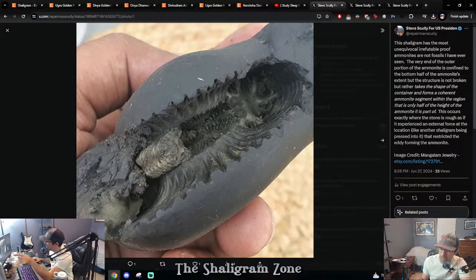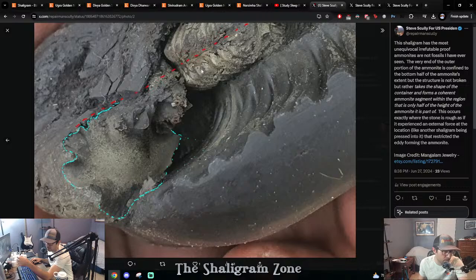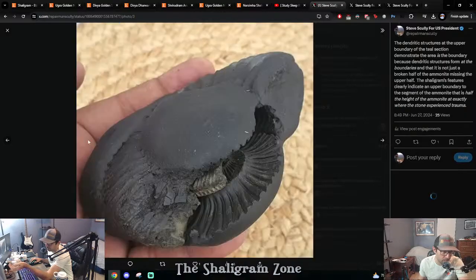But in this case, it actually limits itself to the bottom half of the structure on this side and forms a complete structure here like this of an ammonite that has the boundary, like around the boundary, it's like this.